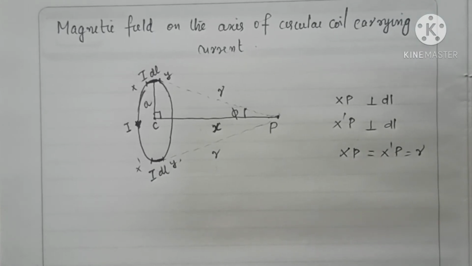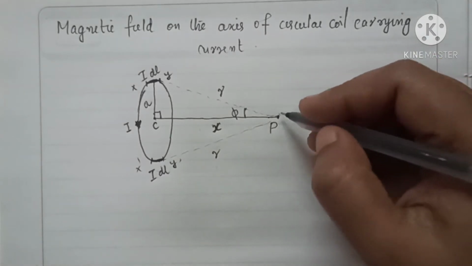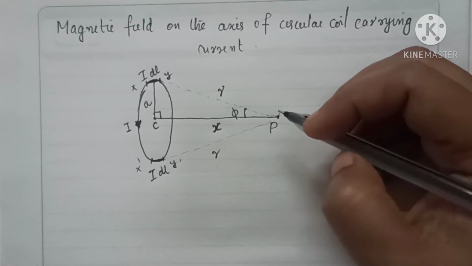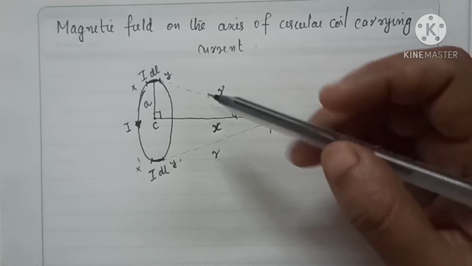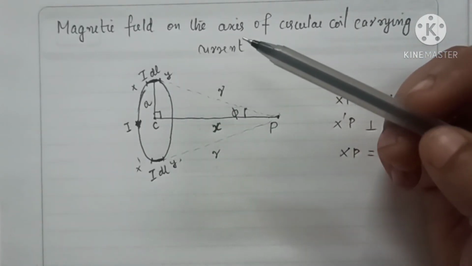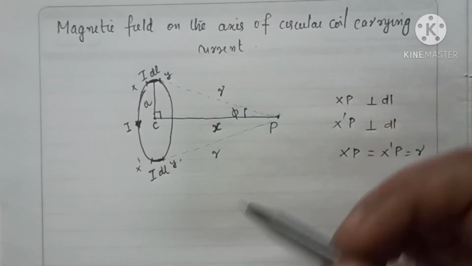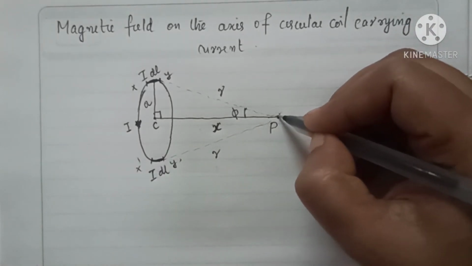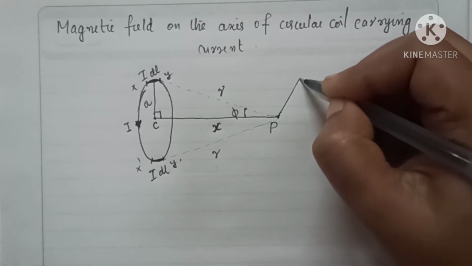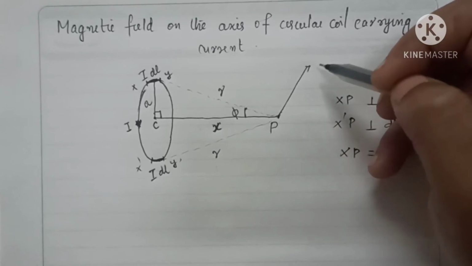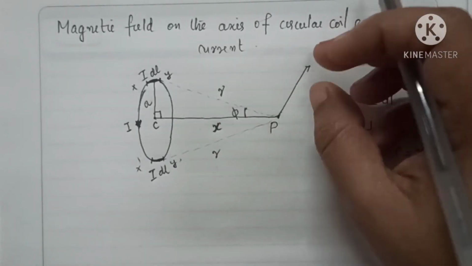Now listen, according to our right hand screw rule, the direction of dB is perpendicular to this term XP. In this way only we can draw, so think three-dimensionally. So this is actually perpendicular to this dl element.